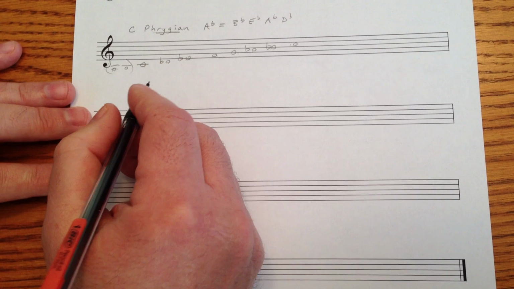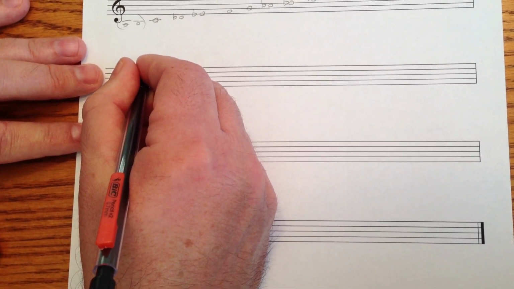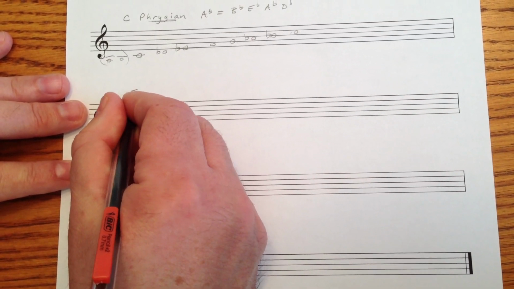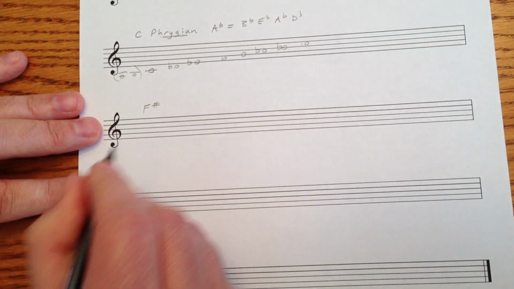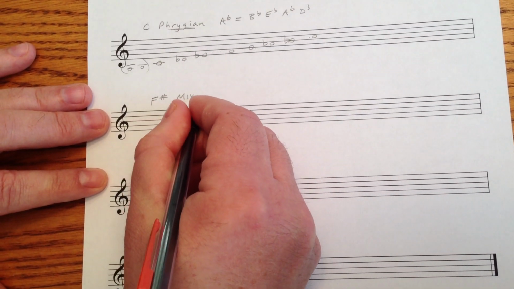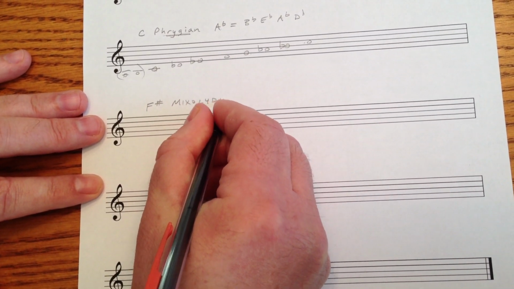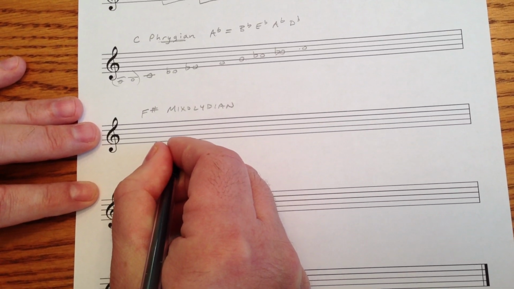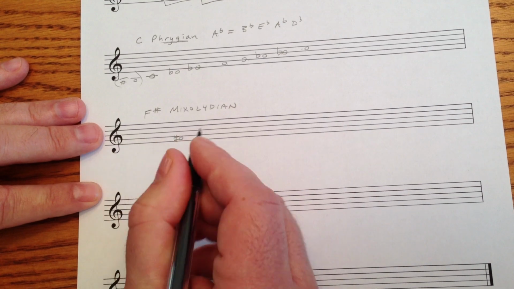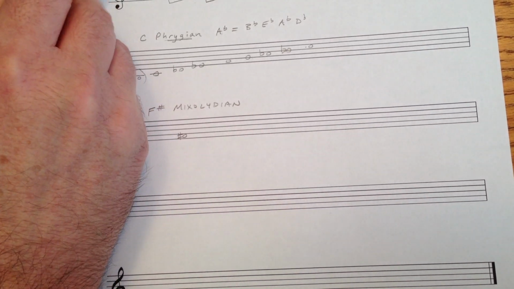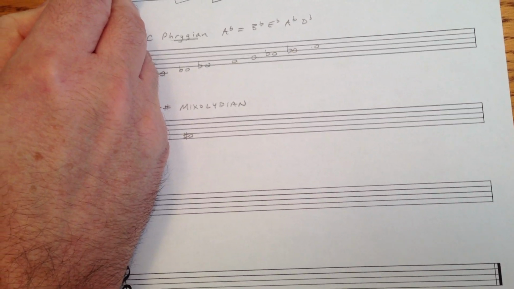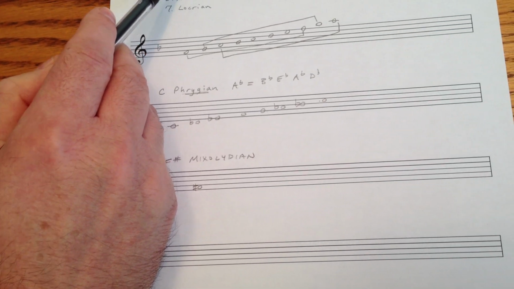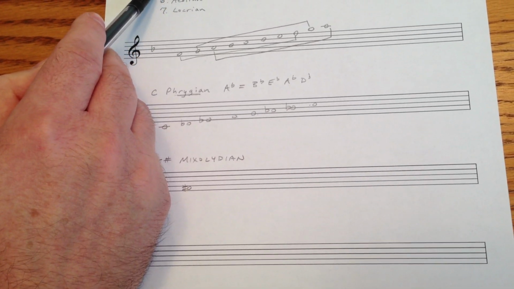Let's say I wanted to do F sharp Mixolydian. I'm looking for a scale that has F sharp. Since Mixolydian is my mode number 5, I'm looking for a scale that has F sharp as the 5th note.